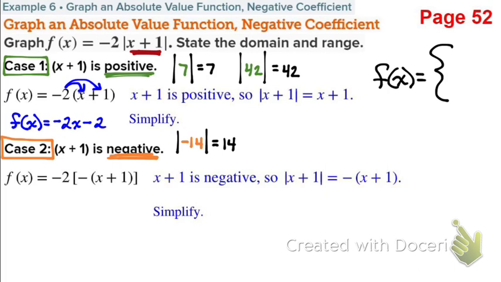Could I add something to it to make that happen? Would I subtract something from it? Could I multiply or divide? I want to think about something that I could do no matter what the number is inside.